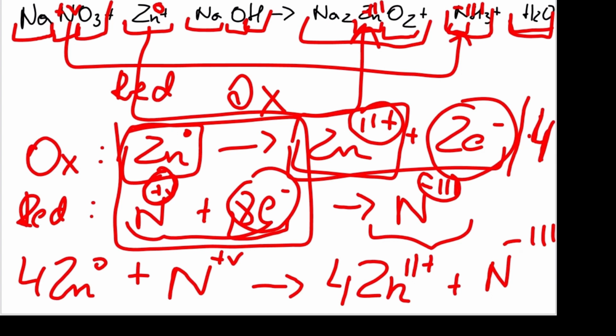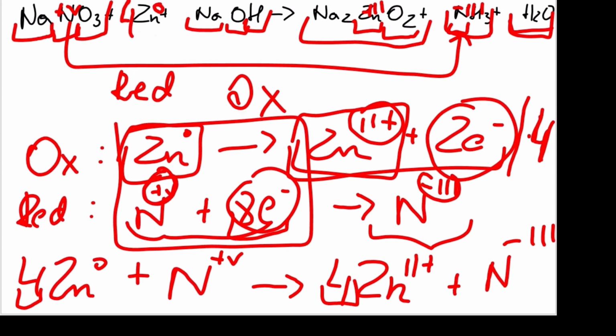Okay, so now we are sure that we can put 4 in the front of metallic zinc. I will show you this more properly, more readable. 4 in the front of metallic zinc.